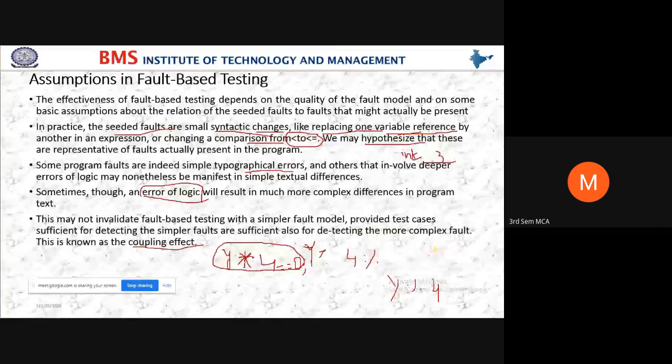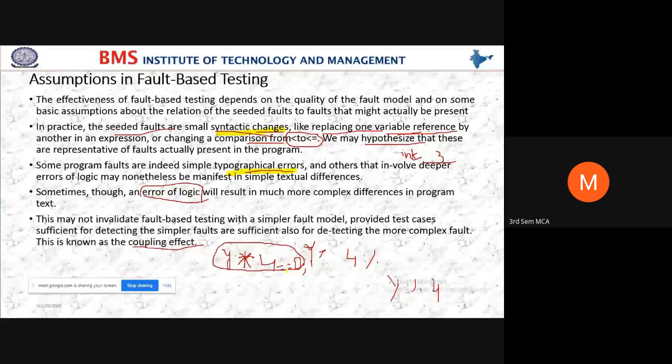The program may contain small syntactical changes. Instead of less than symbol, I would have written less than or equal to, or instead of less than or equal to, I would have written less than or greater than symbol. Some minor mistakes I would have made while writing a program, and even the typo error we have seen. So this small example I told last class.